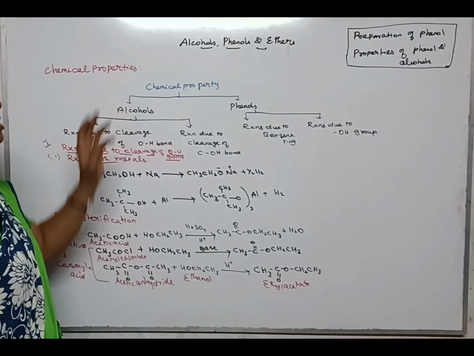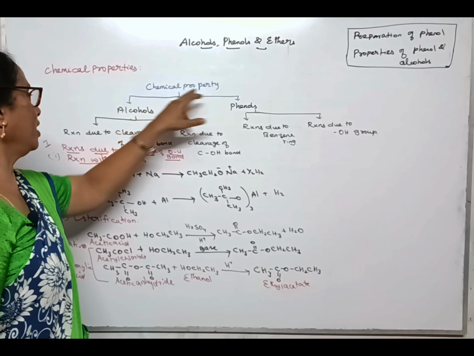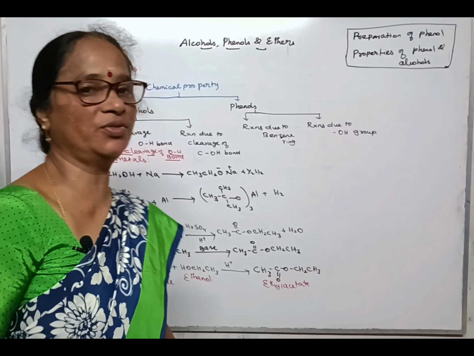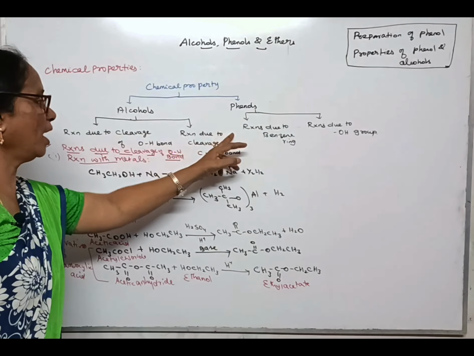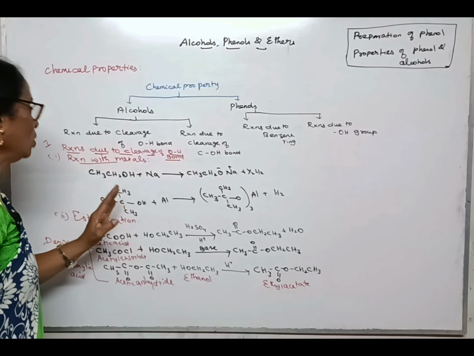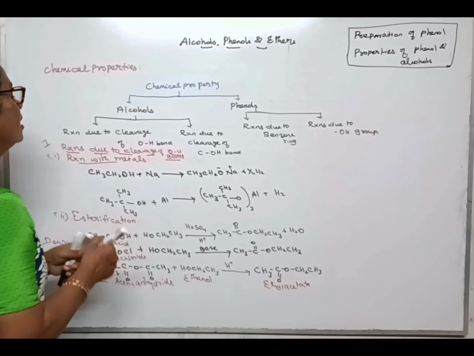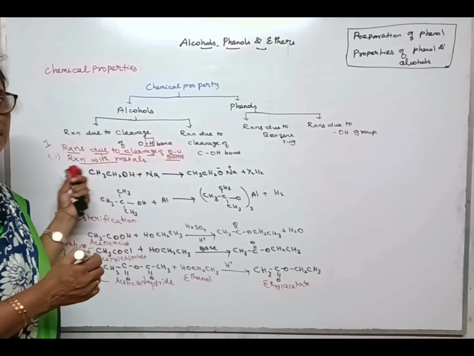Chemical properties of alcohols and phenols. They can undergo reactions in two different ways. In alcohol, the reaction may proceed due to the cleavage of the oxygen-hydrogen bond, where hydrogen becomes the leaving group of alcohol.